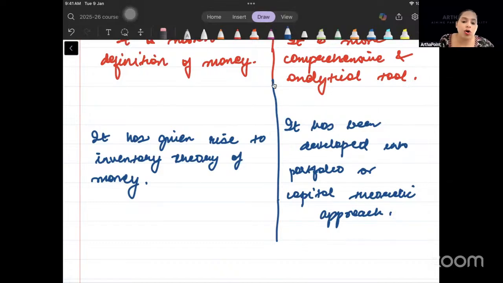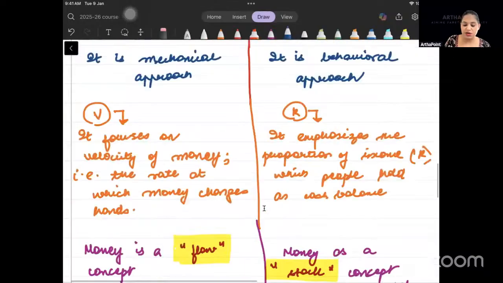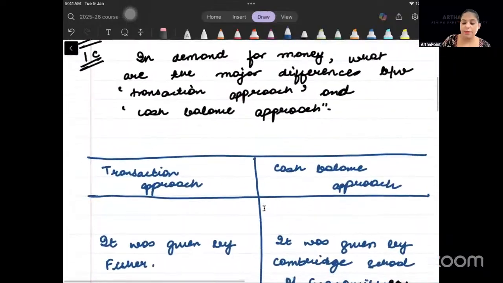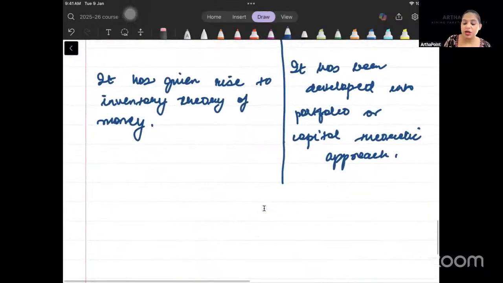But suppose you still want to conclude, I have written all the possible differences here, but if we have to give a good conclusion, then at the end you can say that the Cambridge approach is a comparatively superior approach, right?